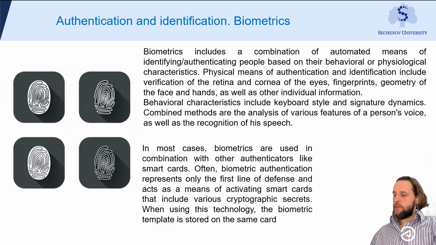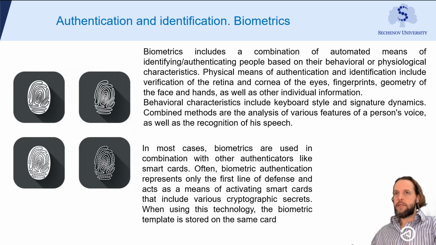So how can we improve authentication and identification of our users? The most common way right now is to use biometrics, and there are different ways how this biometrics could be gathered.